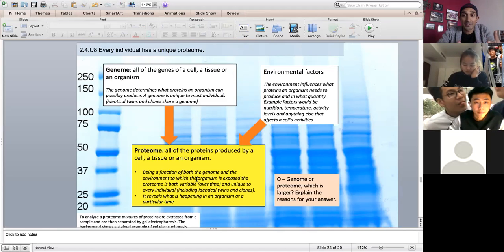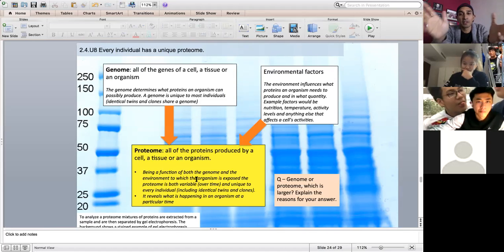Whereas if you had an identical twin, genetically identical to you, who stayed in a region that didn't have that much sun, their skin wouldn't change the same way. You have identical genomes, but your proteome adjusted and diverged based on environmental factors.